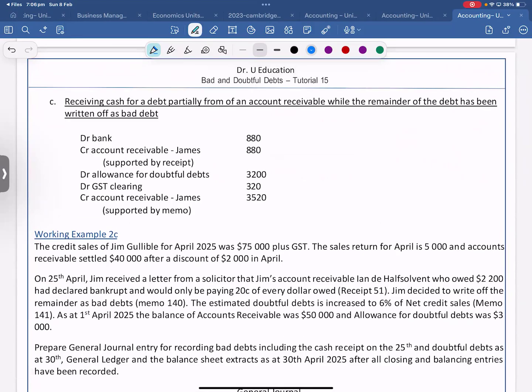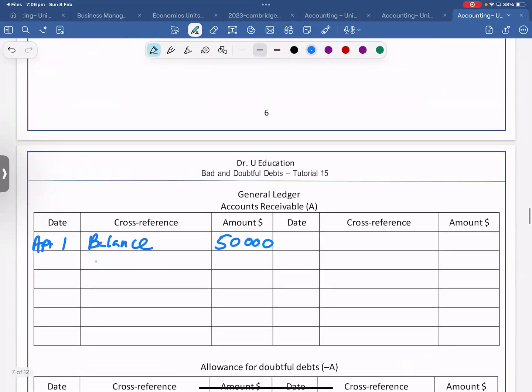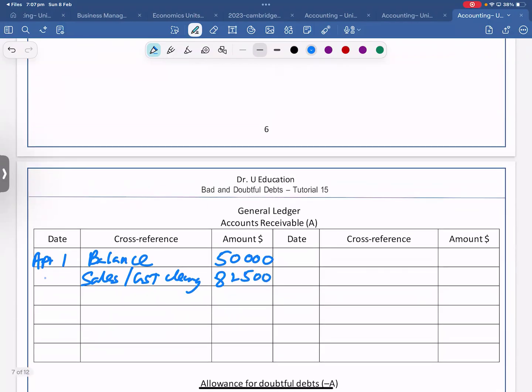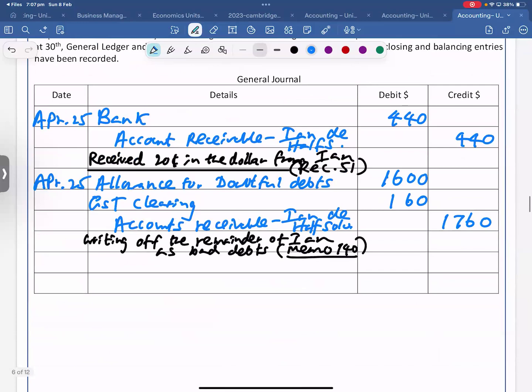What is it, guys? Credit sales, 75,000 plus GST, which is 82,500. Sales slash GST, 82,500. And then sales returns, how much? Sorry, before we record that, before we do the sales return, we'll do this one.